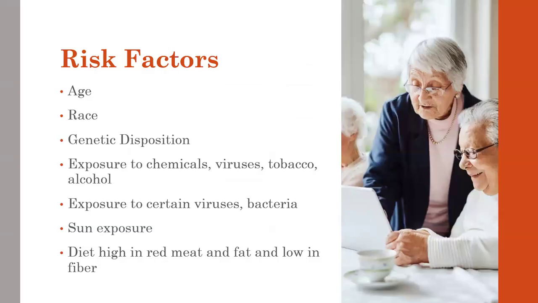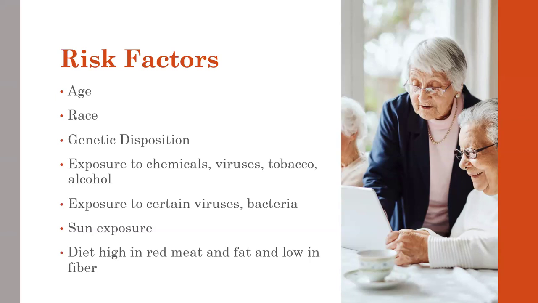So, risk factors for cancer. The older you are, the weaker your immune system is, so it increases your risk for cancer. The older you are, the longer your chromosomes have been around, and so that also increases your risk for cancer. Your race, for some reason, we don't know, African Americans tend to have cancer hit earlier and they have higher mortality even when treated with the same conventional treatments.